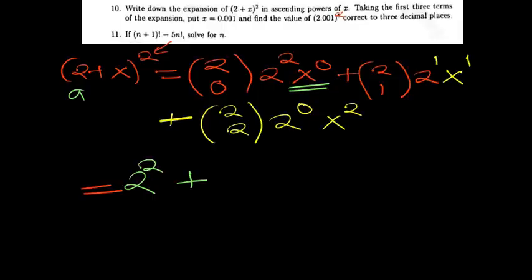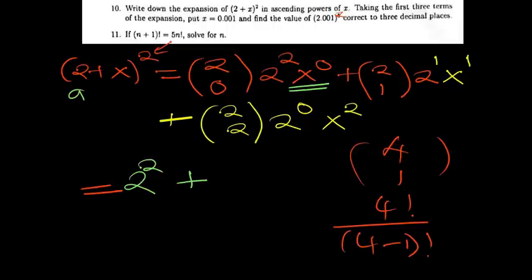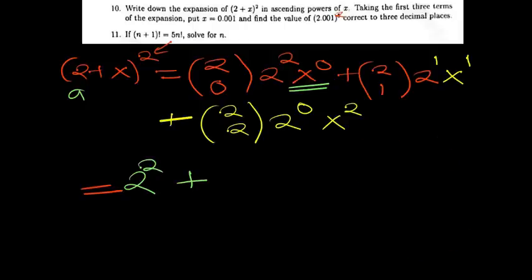Whenever you have any number, let's say 4 choose 1, it would imply 4 factorial over 4 minus 1 factorial, 1 factorial. So every time, whatever you have on top remains as the result. So n choose 1 is always going to be n. So 2 choose 1 is 2, and then 2 to the power 1 is 2.